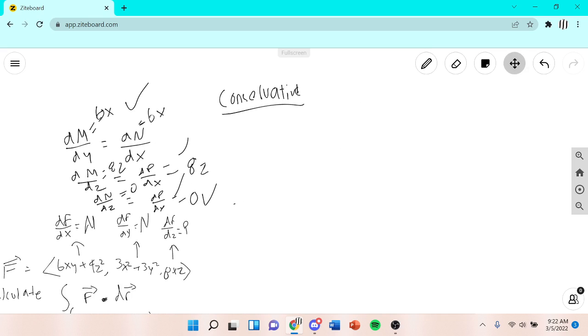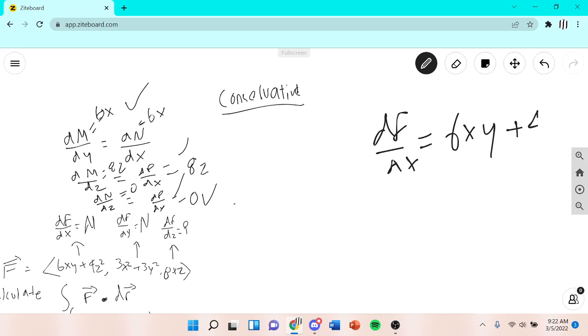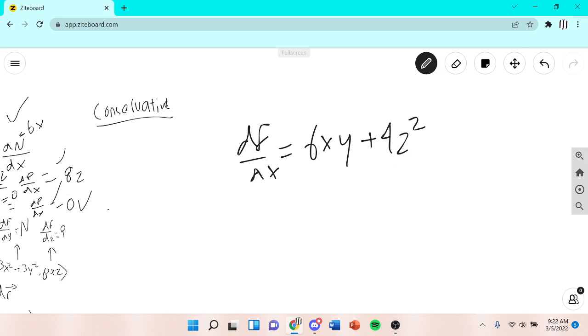So we know that df over dx equals 6xy plus 4z squared. To find f, which is what we want in the end, we're going to take the integral with respect to x on both sides.